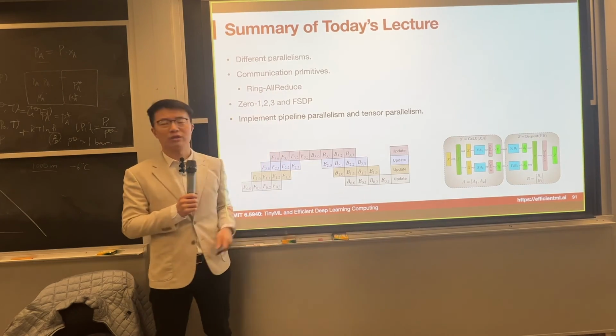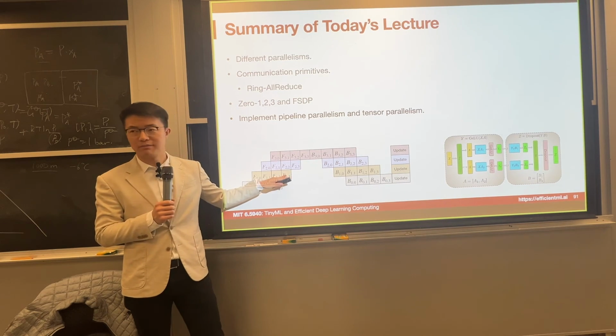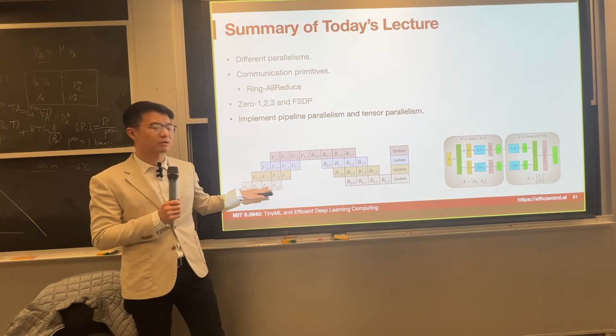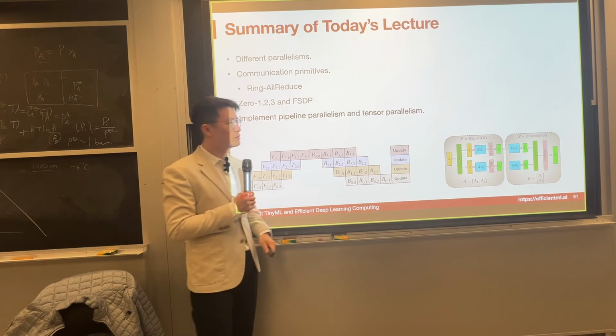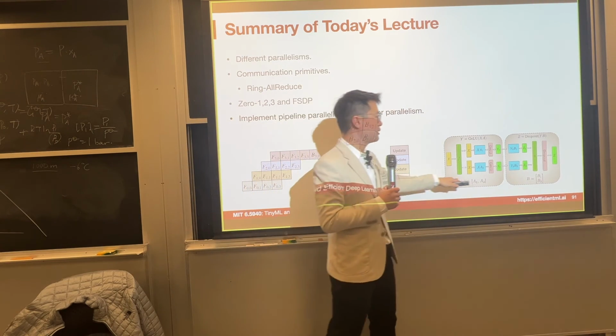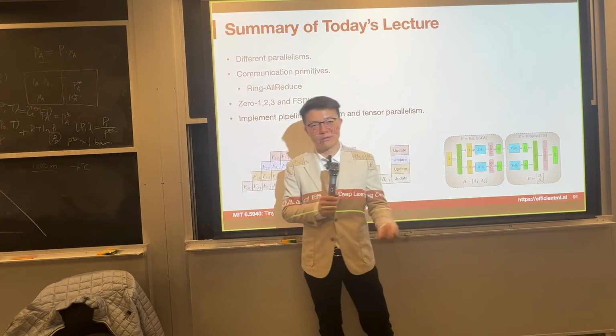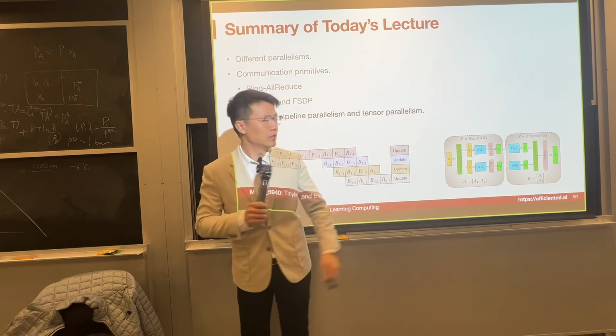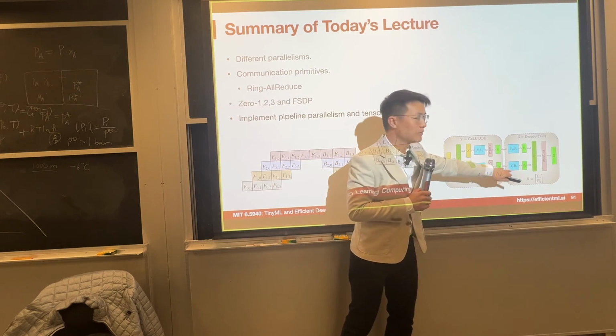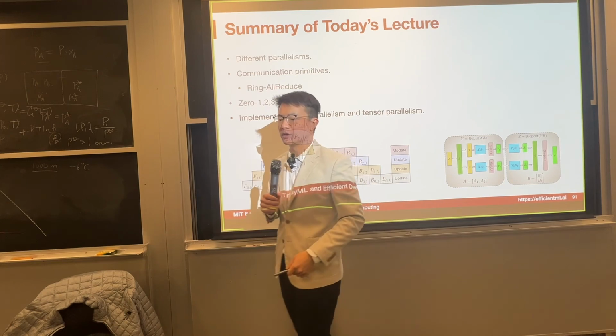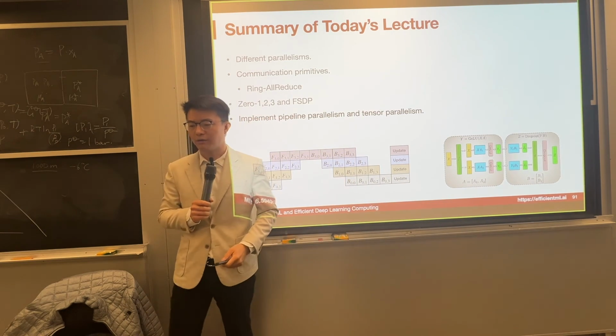And finally, how to implement pipeline parallelism by using micro batches, and also tensor parallelism for both the FFN layer and also the attention layer to minimize the communication. We'll be able to exploit the parallelism.